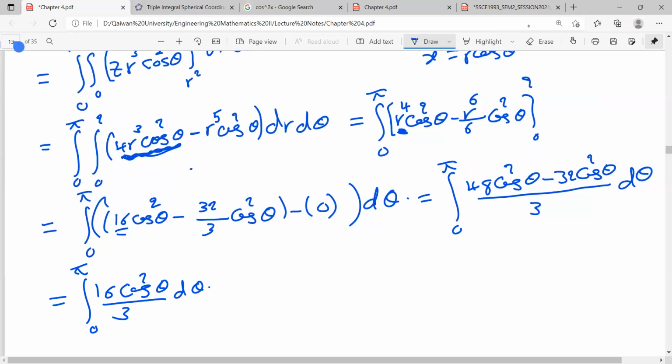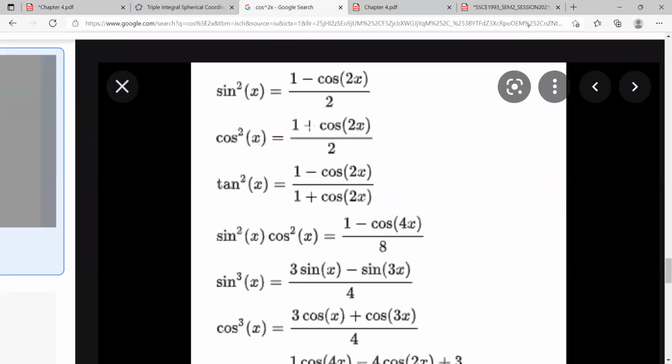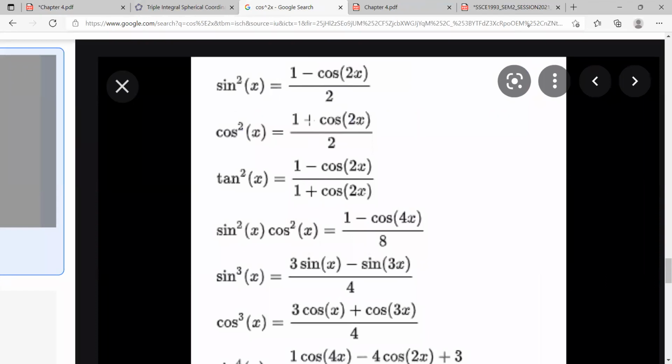Now we take integration for this function with respect to θ, but here you have cosine squared, and we have these rules for converting it. This rule, the second one, cosine squared of x equals 1 plus cosine 2x over 2. We apply this rule to simplify cosine squared of θ. So cosine squared of θ becomes 1 plus cosine 2θ over 2.